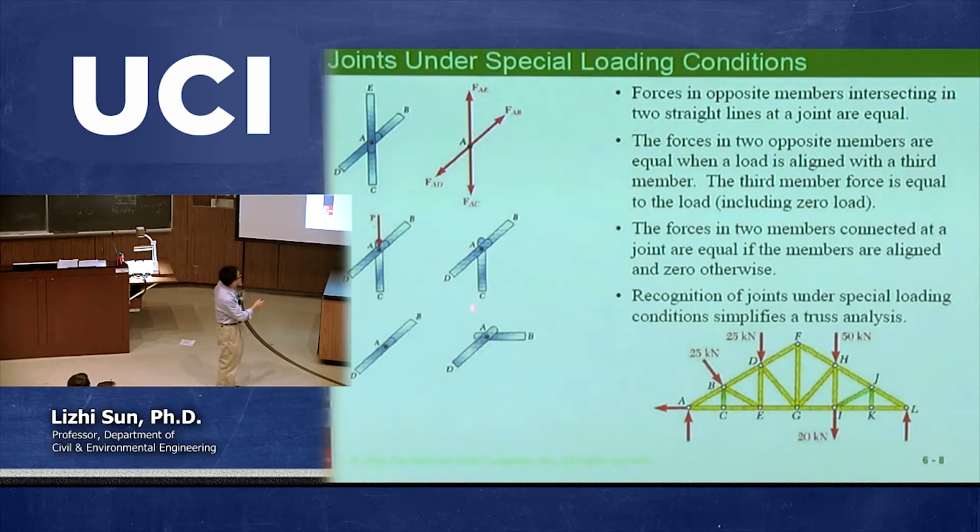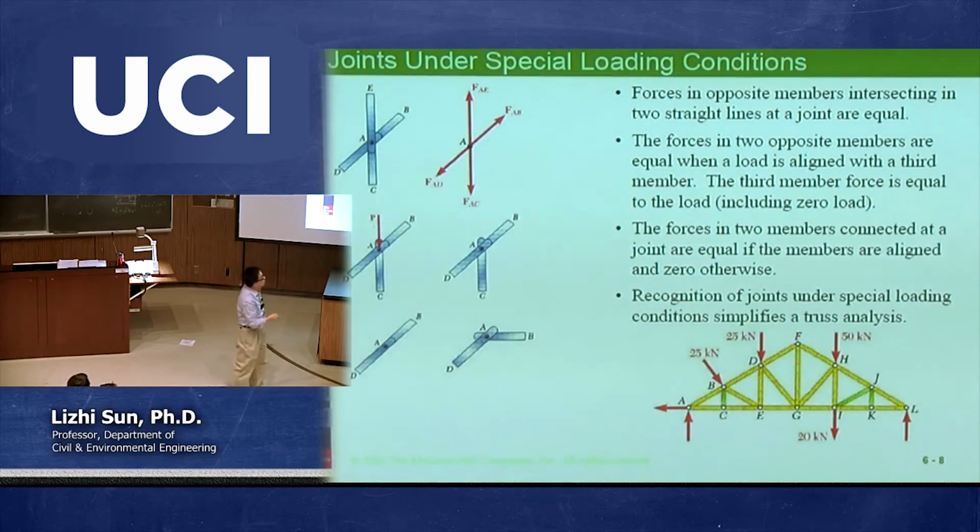3 members connected, 2 of them in one direction, right? So let's check all the joints. Are there some joints with 3 members connected? There's a lot. First of all, this one, joint F. Joint F has 3 members connected, right? But you cannot say this equals 0 because the other 2 are not in the same direction. You have to make sure 2 of them are in one direction.